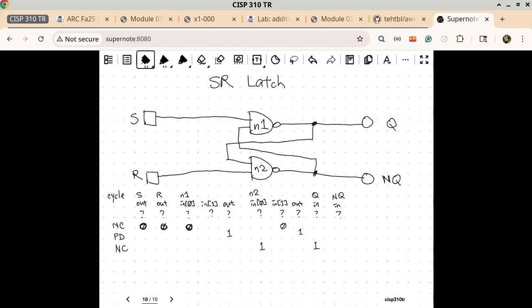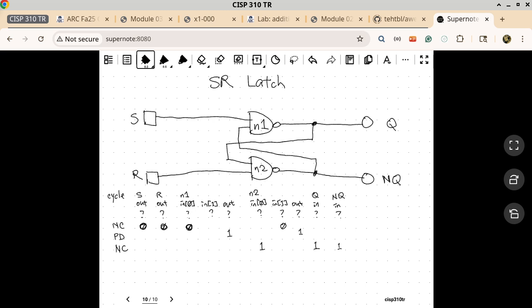But we have to do the same thing about this one here, or the output port of N2 being changed to 1 also causes some updates because of the wiring. So in that case, it is making changes. You can follow the wiring on the diagram, right? So you can look at this output here and go like, okay, who is affected by the change to the output port of N2? That would be NQ. Okay, so we put a 1 on the NQ here.